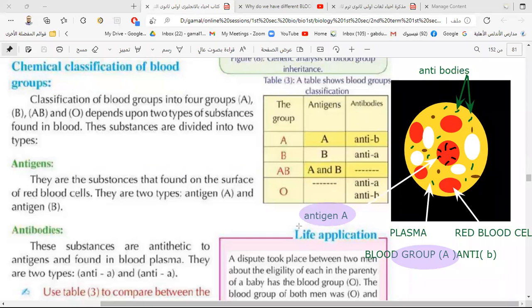Antigen A in the blood group A, and with it there is antibody B. There is no problem at all if there is antigen A and antibody B. Because every one of us has an antigen and an antibody different from, opposite to, the antigen.